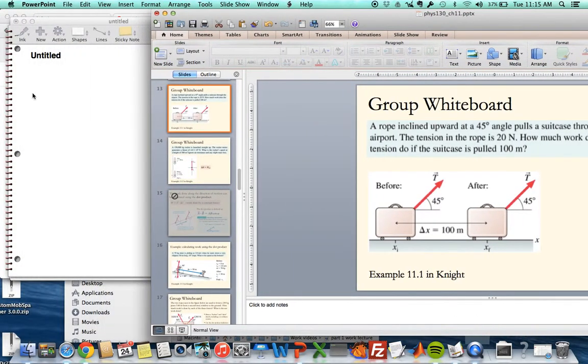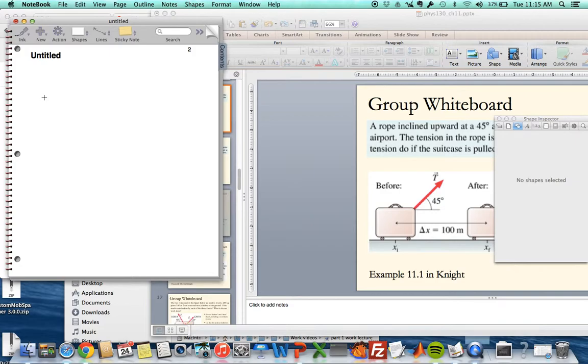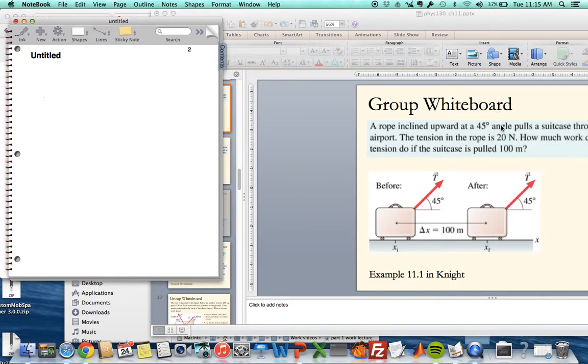So let's see if we can do this problem. My tension looks like this. This is my T, this is my T cosine theta, or cosine 45, and this is my theta.